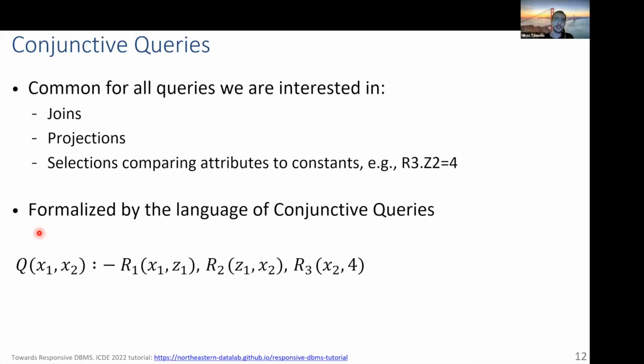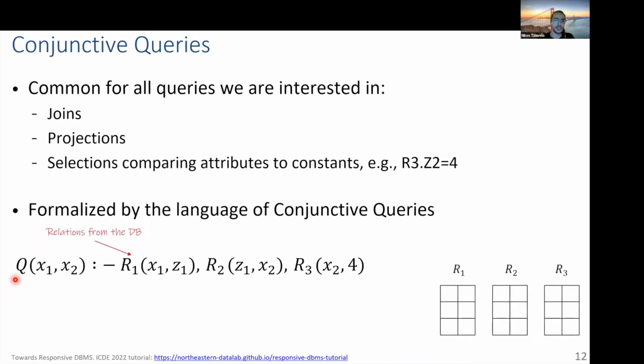To formalize this, we use the language of conjunctive queries. And in Datalog notation, this basically looks like this. This is an example. Here you can see we have some relations from the database, R1, R2, R3. We also have equijoin conditions, which are encoded by repeating the same variable between the relations.